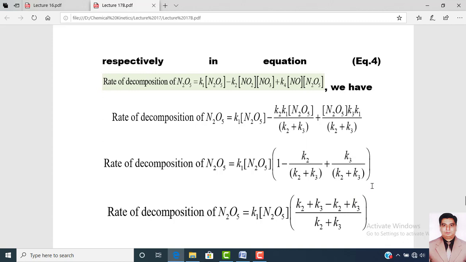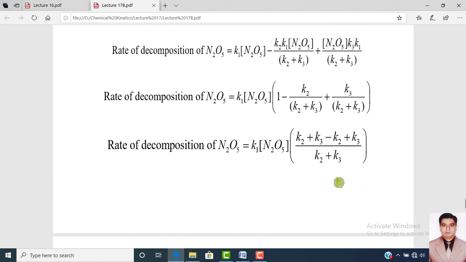Dear students, if we take the LCM of these values that are present inside the small bracket, then by taking the LCM and simplifying the equation, the rate of decomposition of nitrogen pentoxide is equal to K1 N2O5 into K2 plus K3 minus K2 plus K3 over K2 plus K3. Dear students, this equation has been obtained by taking the LCM K2 plus K3 and multiplying with the numerator values.